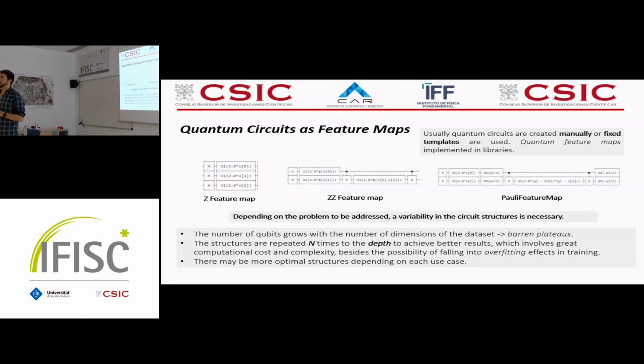Because if we increase these feature maps, when I'm increasing the number of qubits, when we have more variables, we have more qubits, so the expressivity is higher, but the barren plateaus are here again, as yesterday. So we were thinking maybe we can do a fine-tuning of these feature maps. And it's exactly what we were doing in my doctoral thesis.